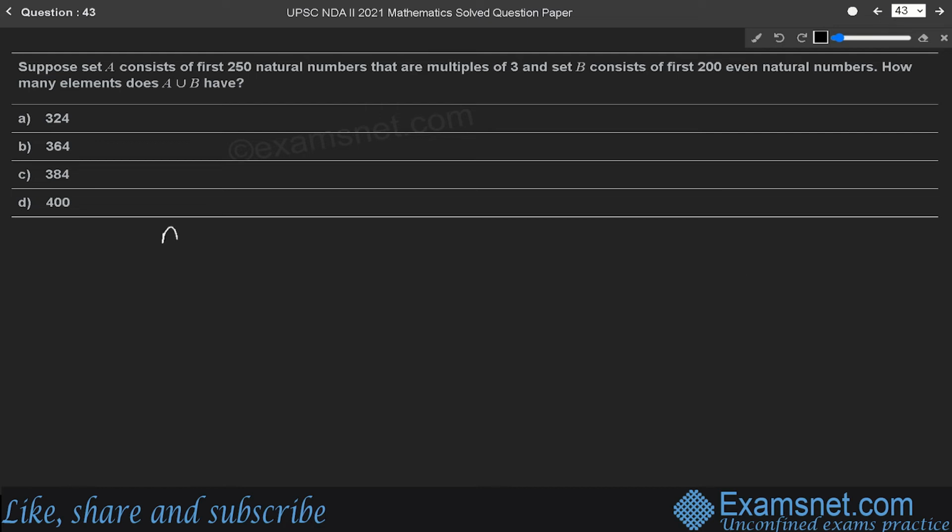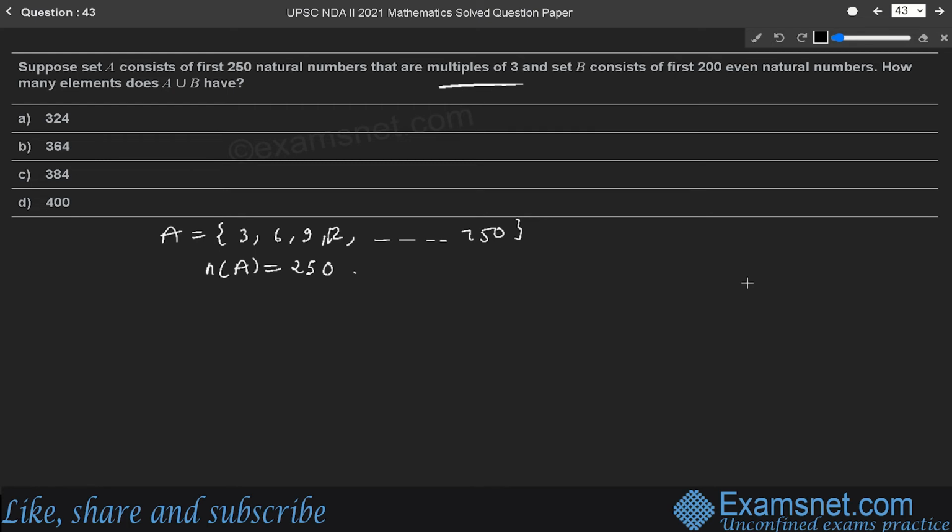It means that A equals 3, 6, 9, 12, up to 750. These are the first 250 multiples of 3, and we know that n of A is 250 because there are 250 numbers.